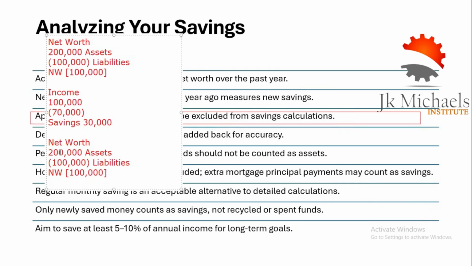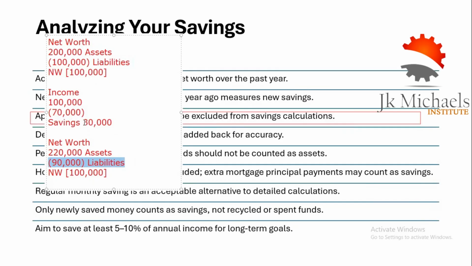So let's look at that. My net worth will then become 230,000. Or probably I make this 220,000 to purchase assets and I reduce my liabilities from 100,000 to 90,000. So I put 20,000 into the purchase of new assets and I reduce my debt by 10,000.